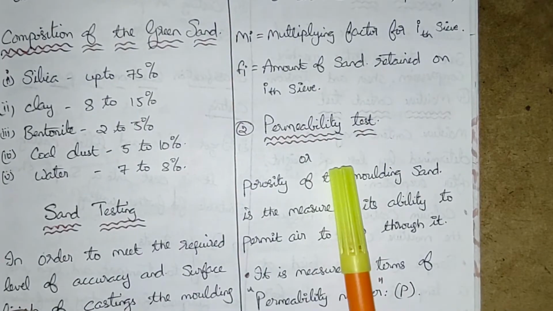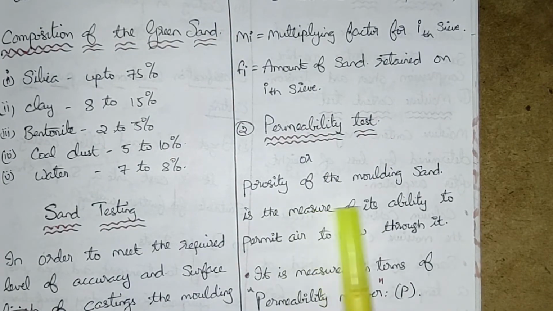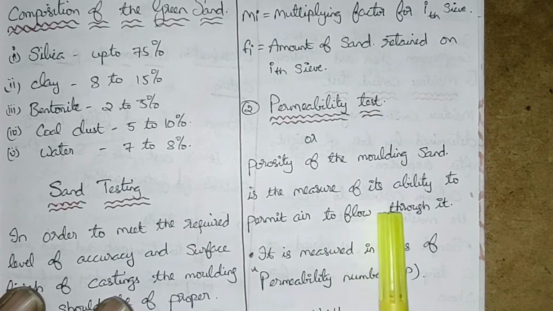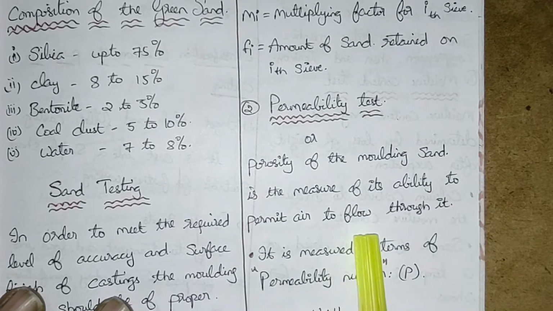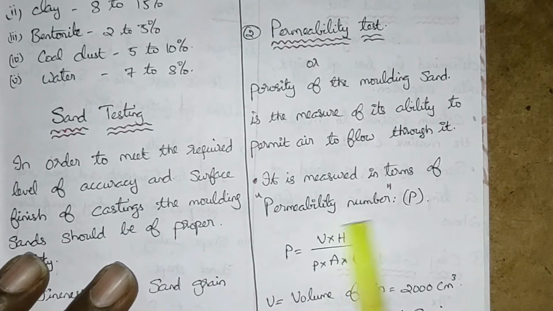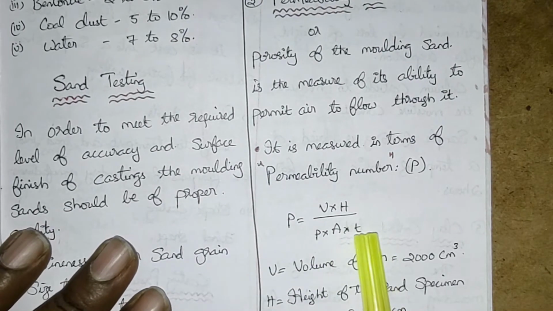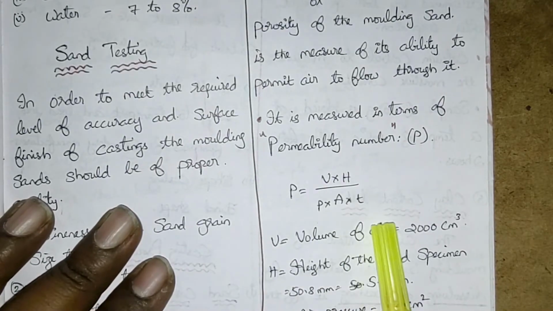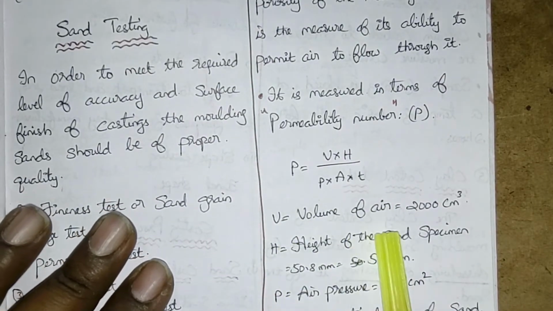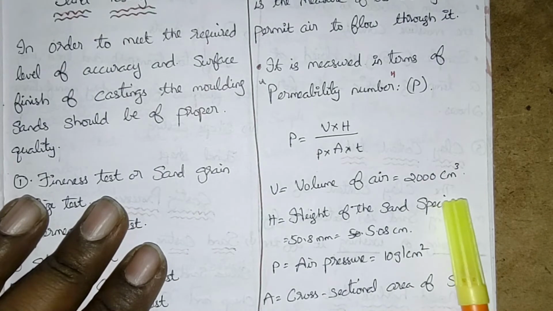Next, permeability test. Permeability or porosity of the molding sand is the measure of its ability to permit air to flow through it. It is measured in terms of permeability number P. P equals V into H divided by p into A into T. V is the volume of air, equal to 2000 cubic centimeters.